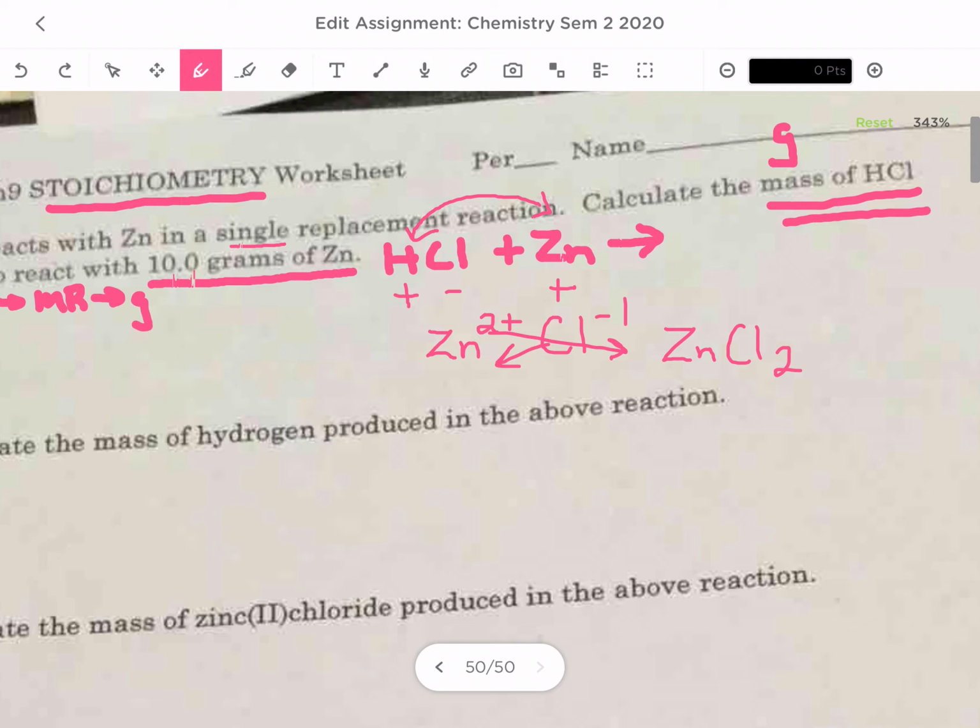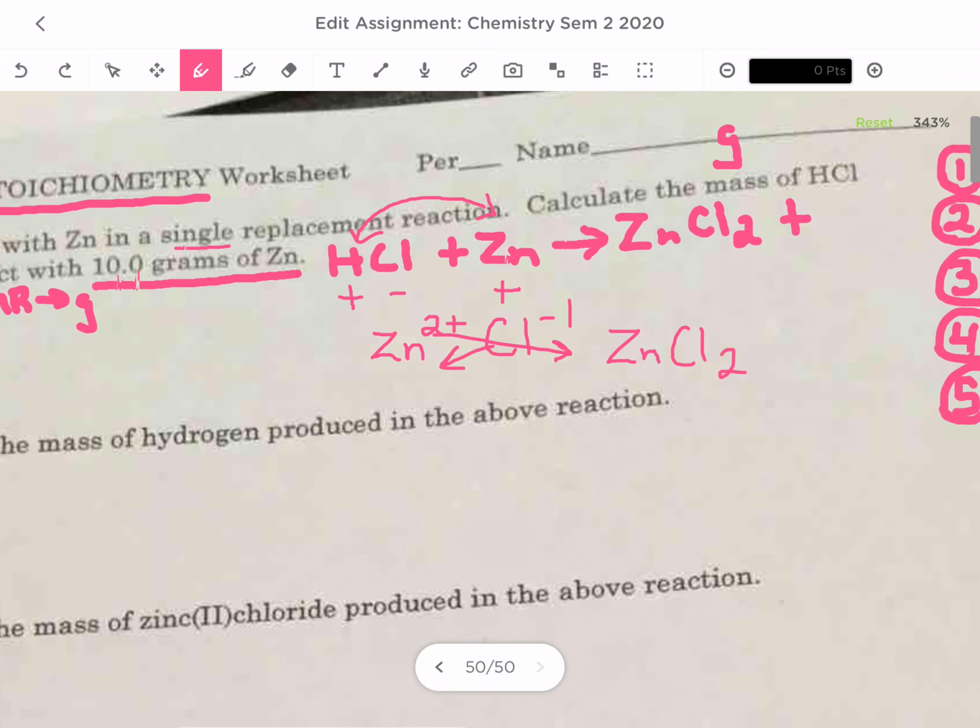So I have HCl plus Zn, and one of my products is ZnCl2 plus, who's left by themselves? Hydrogen is left by himself.